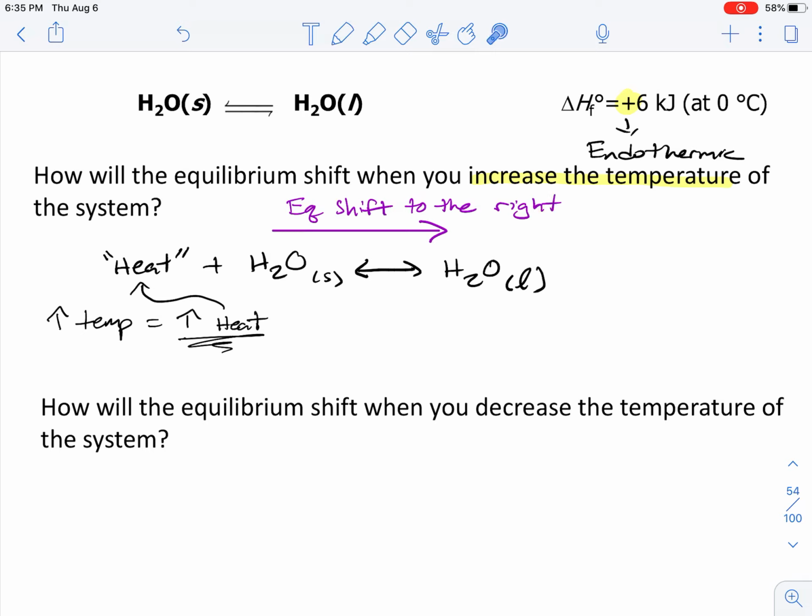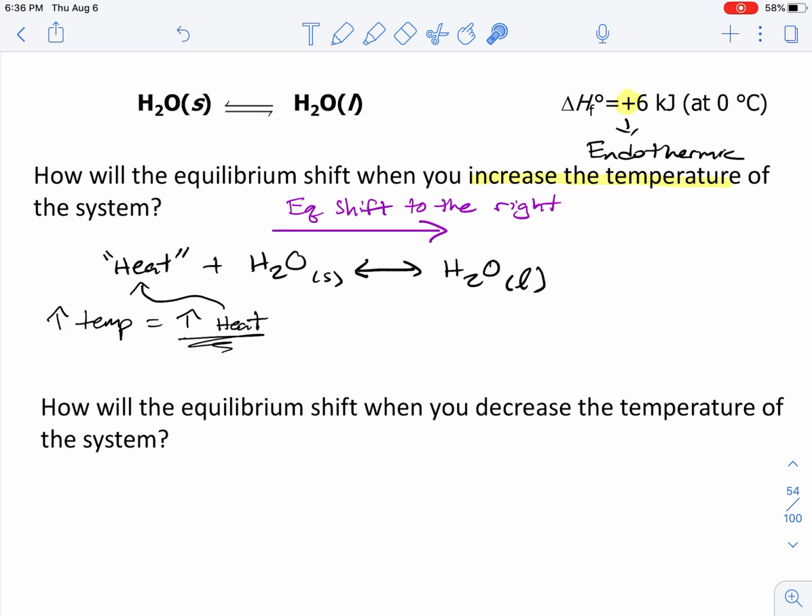Okay, and so by adding more heat into the system to adapt to that stress that was applied, more of this water molecule that's solid in state will have to absorb that heat, that excess heat, to reach a new equilibrium.